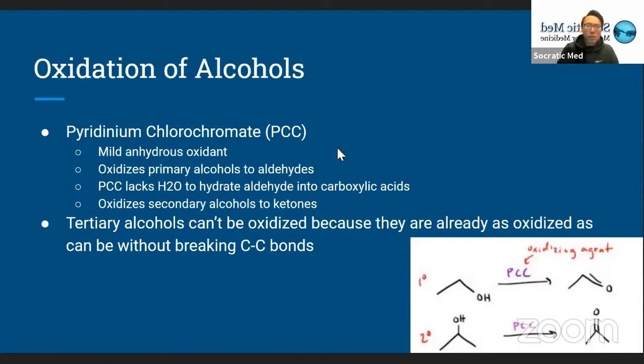So just for PCC, just know that it is not as strong as the other oxidizing agents. So it is only able to oxidize into a carbonyl. So primary alcohols into aldehydes, and then secondary alcohols into ketones.